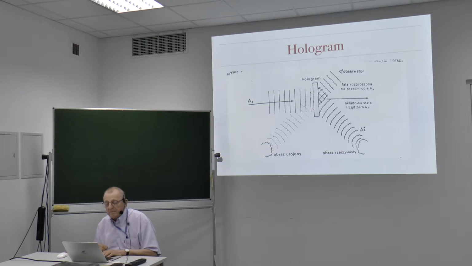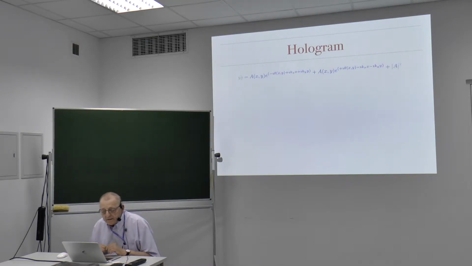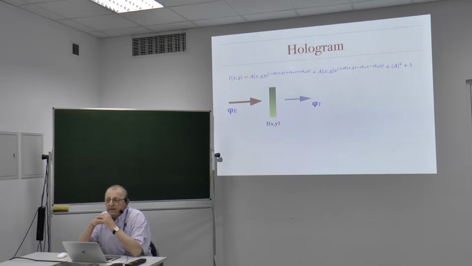So that is the picture. I can easily calculate what the interference pattern I is. It is the square of the sum: I have to add phi O to phi R and take the square of it.